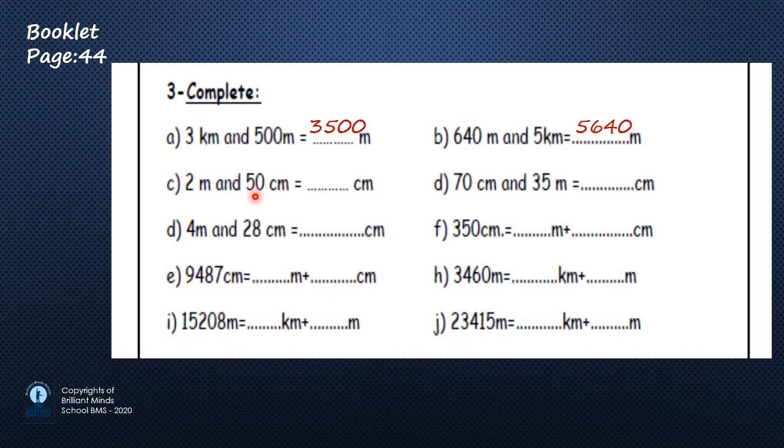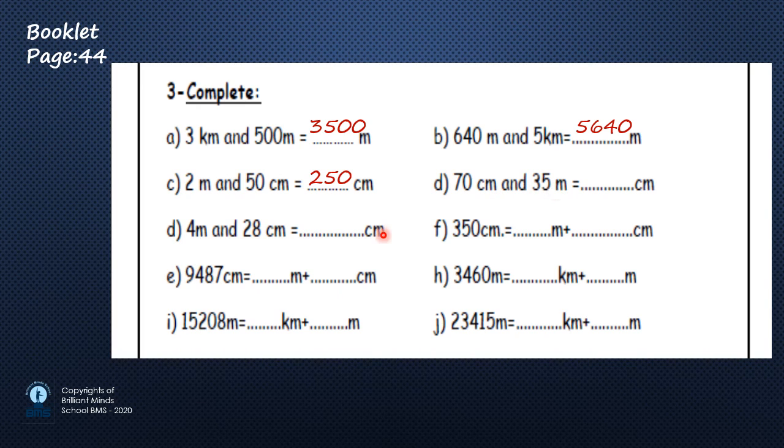Number C, 2 meters and 50 centimeters. We said units and tens take centimeter, 100 takes meter. So it will be 250. Number D, 70 centimeters, 35 meters. We said centimeter takes which rooms? Units and tens. What about meter?